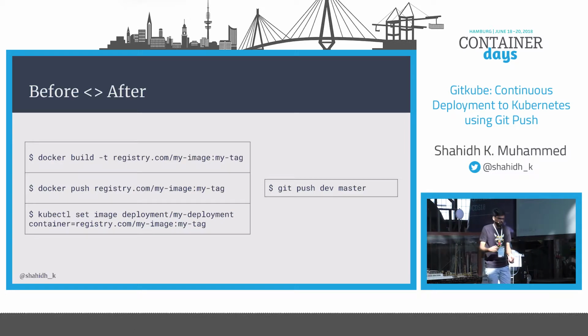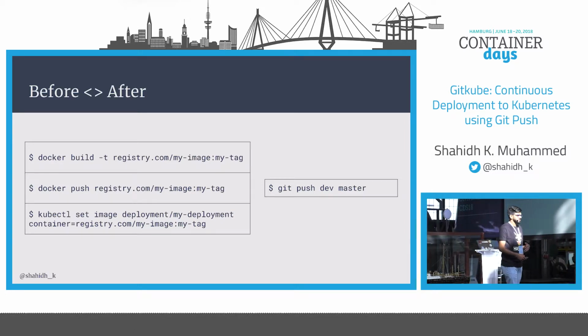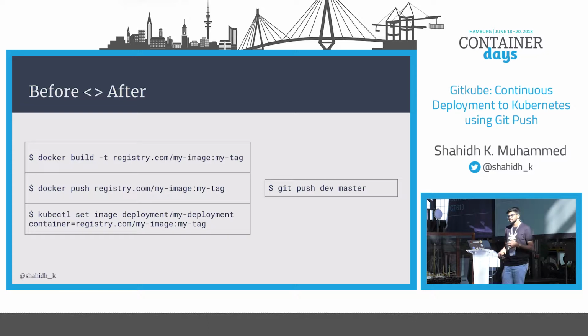So it's a three-step workflow, and if you're building something like Java or Haskell or something that's heavy, and if you're not using an Alpine or Scratch-based image, the push and the docker pull after that itself is going to take some time if you have images of 1 GB, 2 GB.